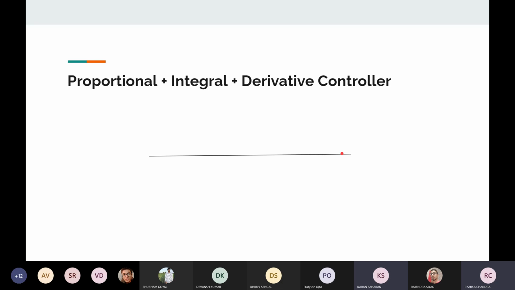You want a faster one, so you implement derivative control too. This checks whether your error is increasing or decreasing. If it's increasing, it will try to decrease it, and if it's decreasing, it will try to increase it. So it will achieve the steady state at a faster rate, not taking as much time as the PI controller alone.